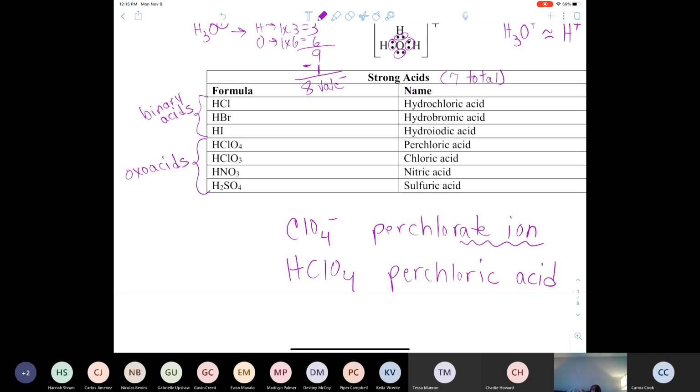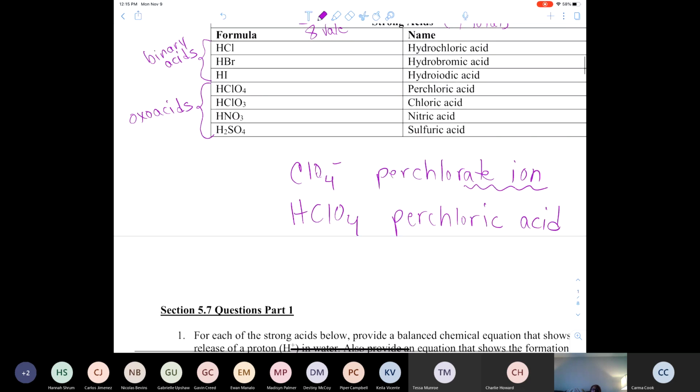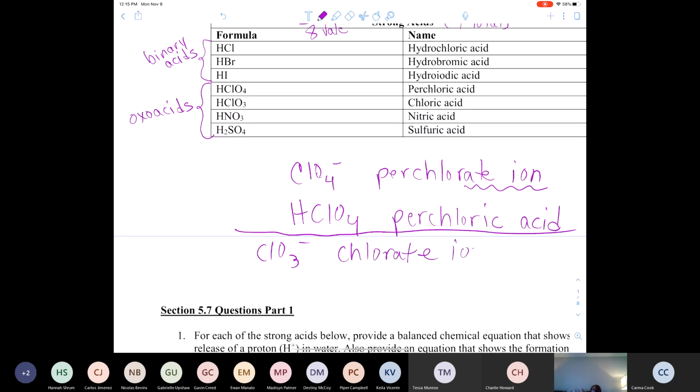And so that's how you name the oxo acids. ClO3 minus is the chlorate ion. So the acid HClO3 is chloric acid. So again, you drop the ate and the word ion and replace it with the suffix ic and then the word acid.